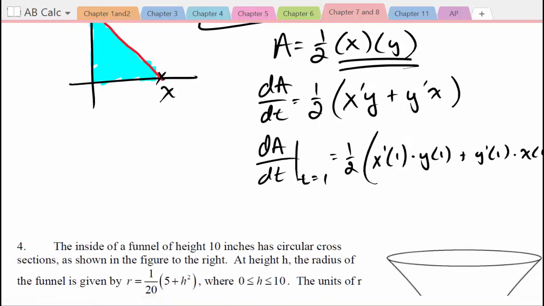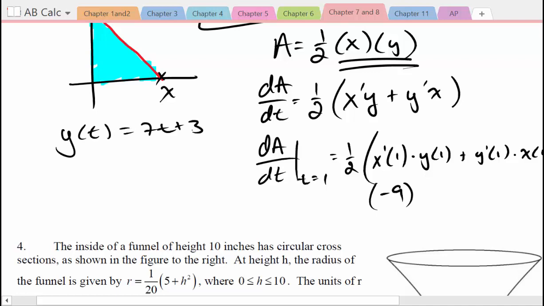Some of these values I already have. For example, x prime of 1 I found out in part A was -9. Y of 1, we can plug 1 into the y equation. Y of t was 7t plus 3, so that would just be 10. Y prime of 1 would be the derivative of y, which would just be 7. Doesn't matter what x is.